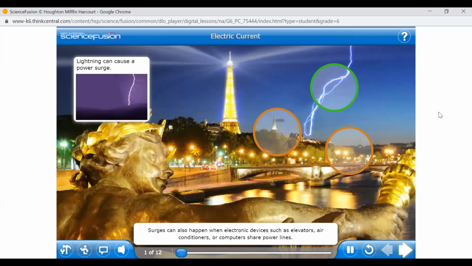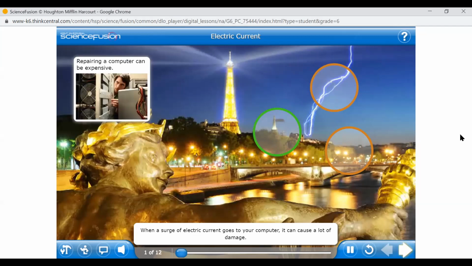Surges can also happen when electronic devices such as elevators, air conditioners, or computers share power lines. For example, several devices can be on at once and drawing electricity from the line. When an additional appliance is turned on, it causes a surge in the line to compensate for the extra demand for electrical power.